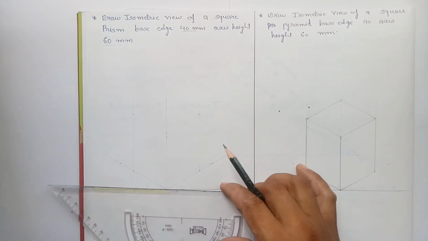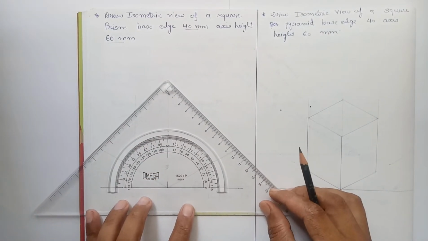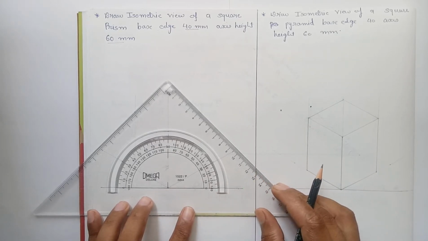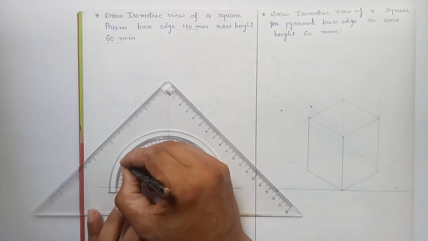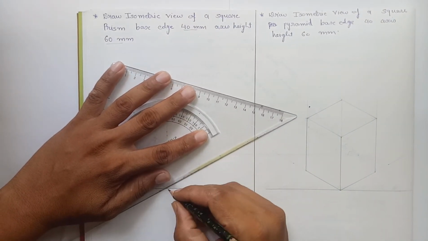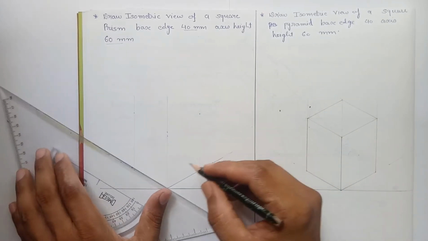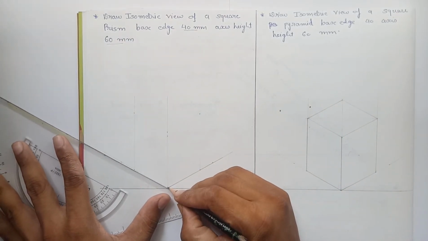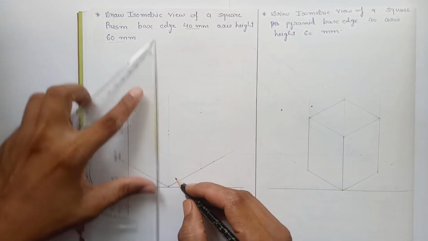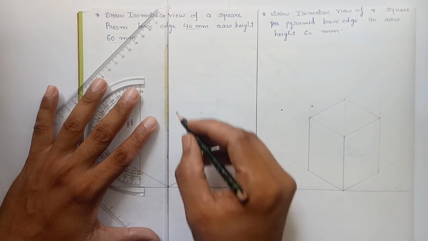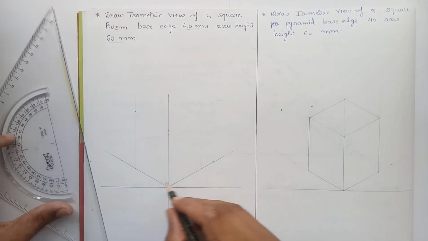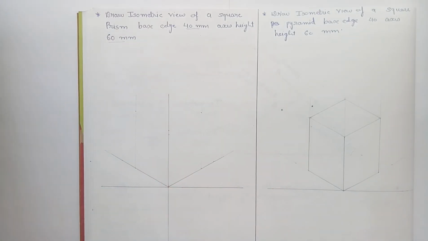After drawing the baseline, mark a point and draw two lines inclined at an angle of 30 degrees, 30 degrees on this side and 30 degrees on this side. So we can say that these are the isometric axes of the figure. The third line is perpendicular to the baseline. So we can say that these are the isometric axes inclined at an angle of 120 degrees.